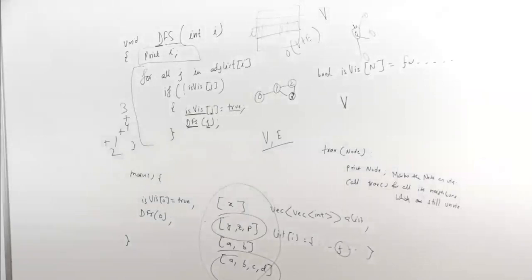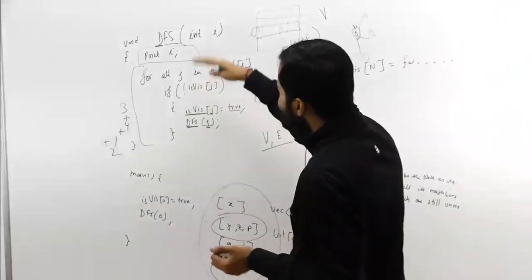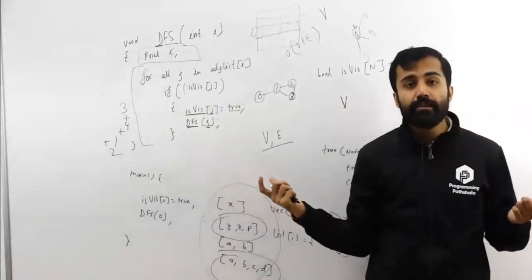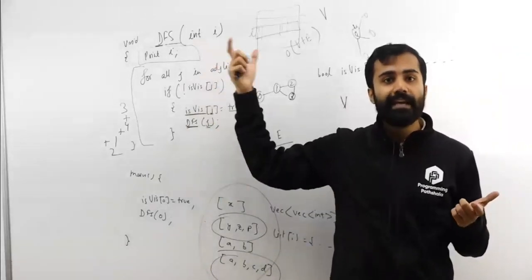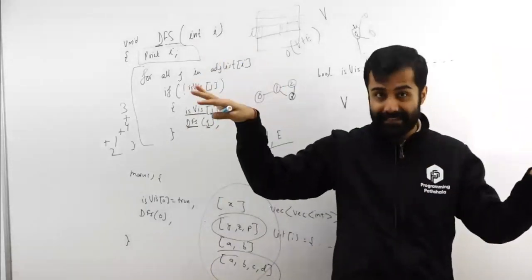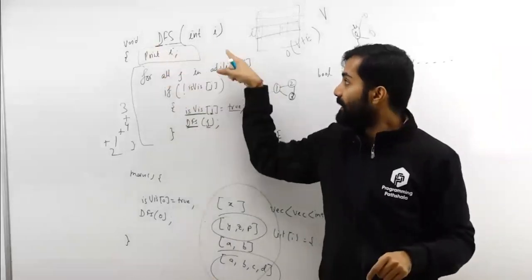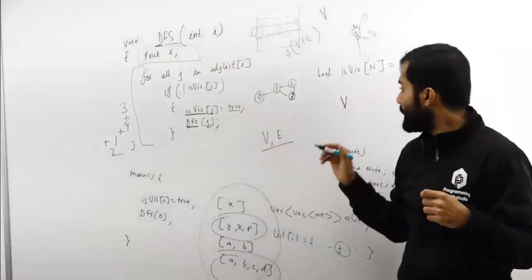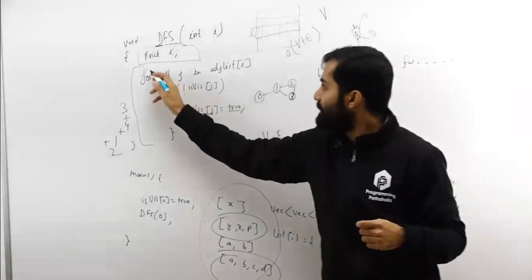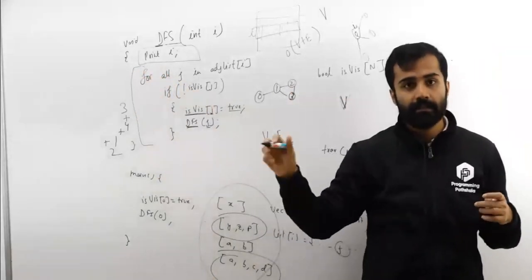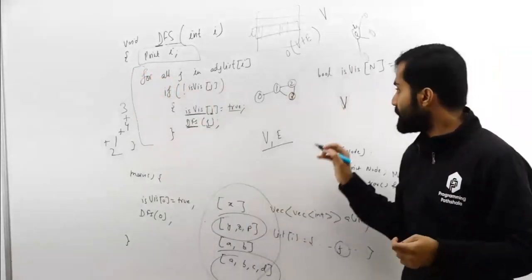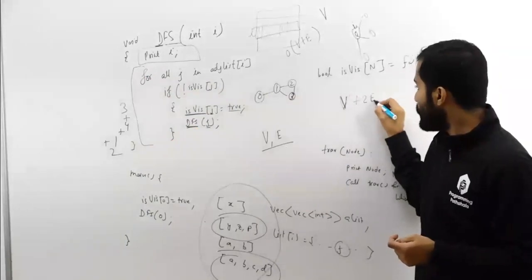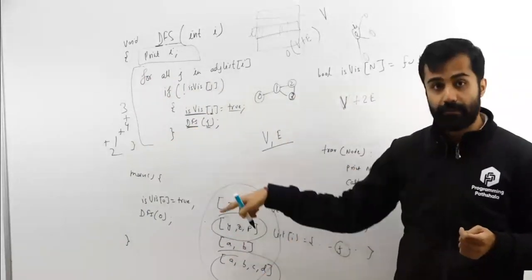Easy to understand? So what is the time complexity of a code? Time complexity of a code is how many times each of its lines are executed. So this line overall is going to execute V times, and these many lines overall are going to execute 2 into E times. Why? Because 2 into E is the size of this, we have already learned.